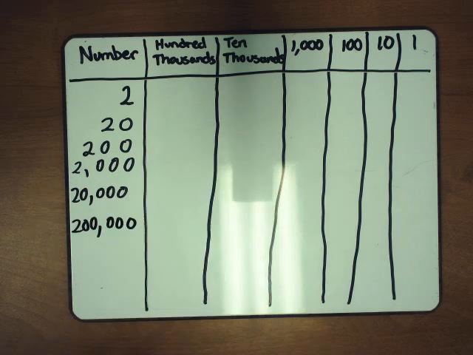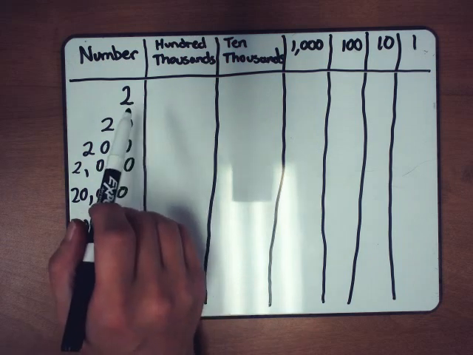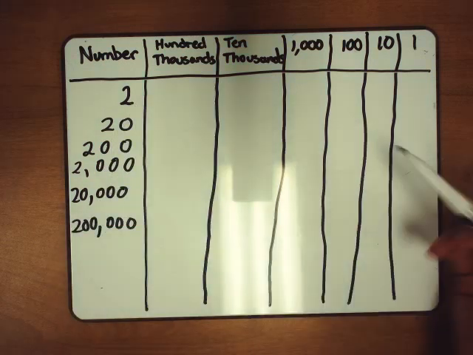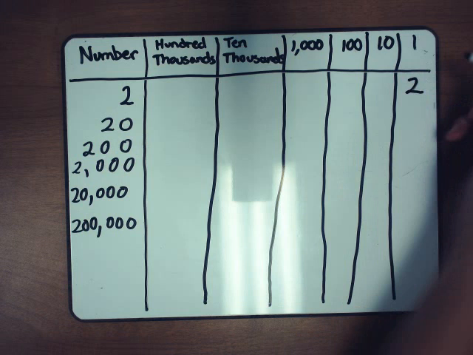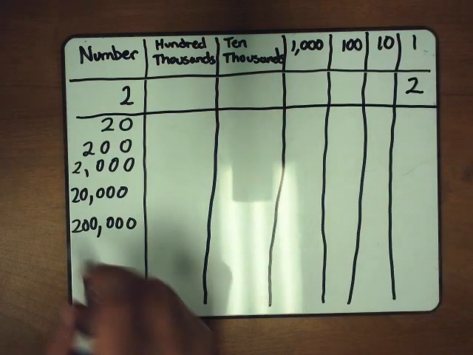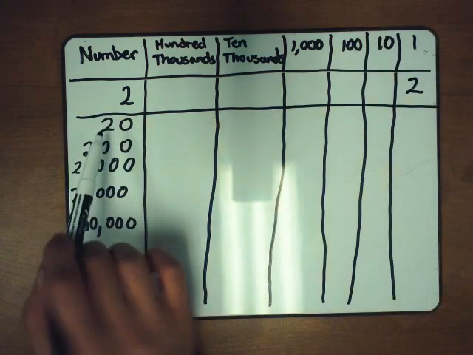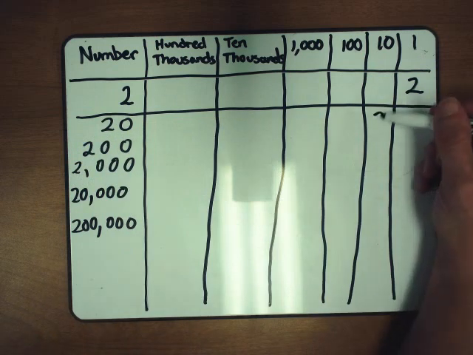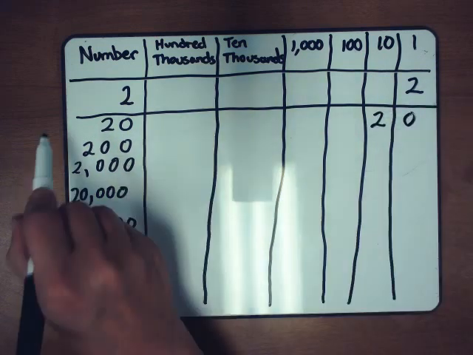So go ahead and fill that in for yourself as well. So we have a 2 in the ones column, stands for 2 ones. A 2 in the tens column stands for 2 tens and 0 ones.